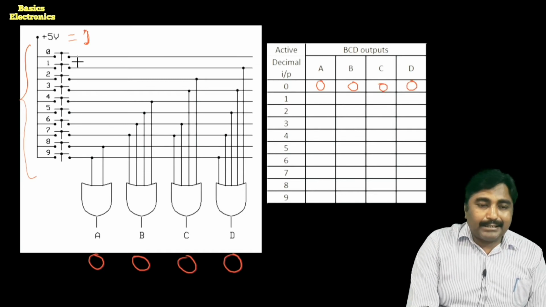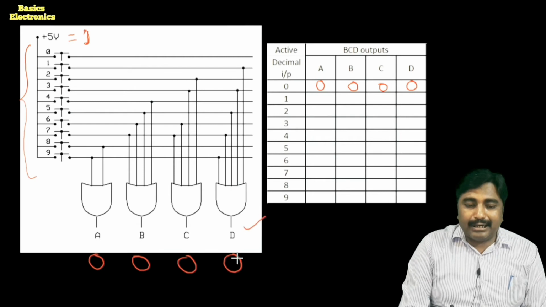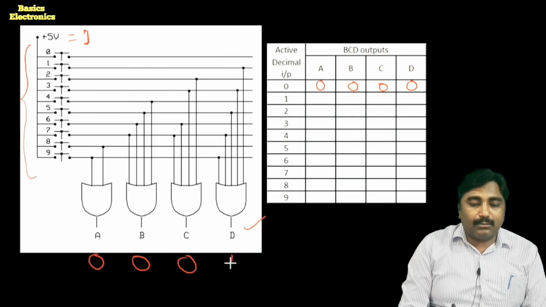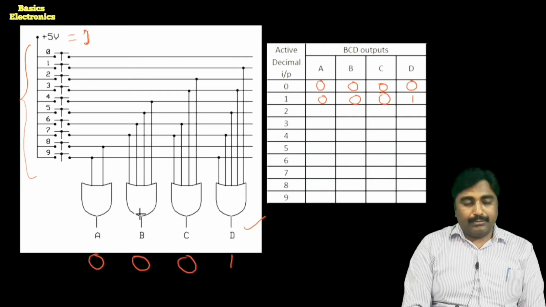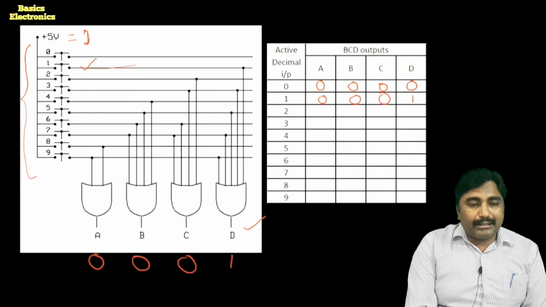Okay, when we press the switch number 1, the switch number 1 is connected only to the LS bit gate, so the output of only the LS bit gate is equal to 1, and the remaining gate outputs are 0, 0, 0. Right? Now we press the switch number 2.